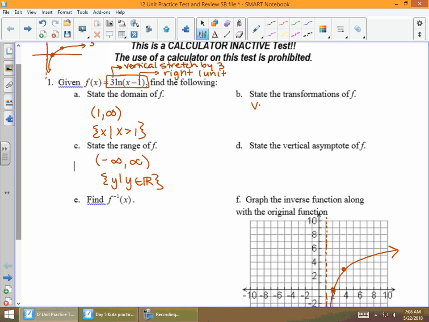So vertical stretch by 3 and right 1 unit. Our vertical asymptote is at x equals 1. Just fill in those details.